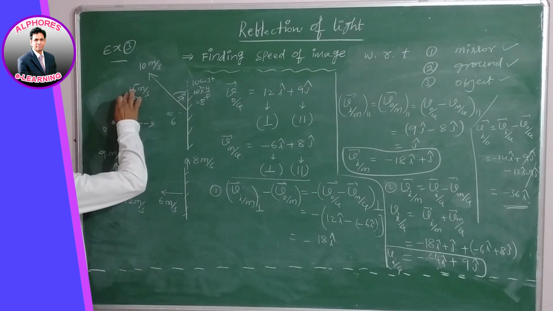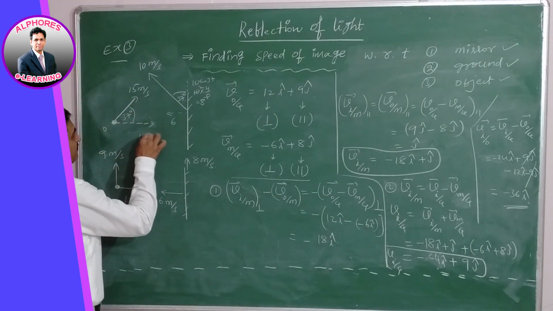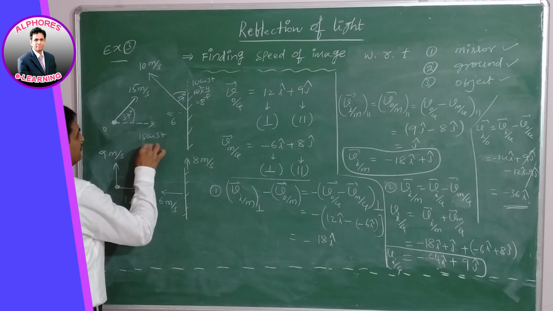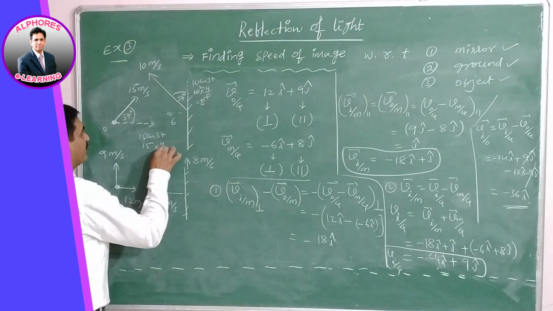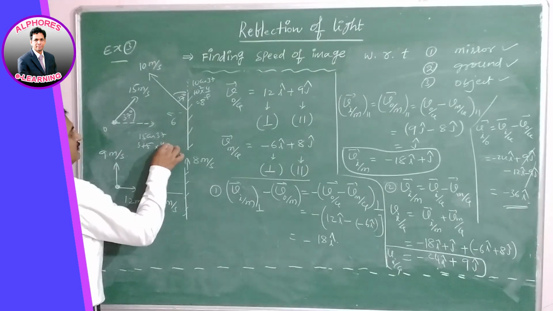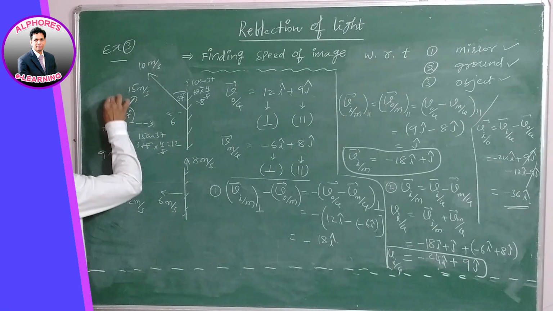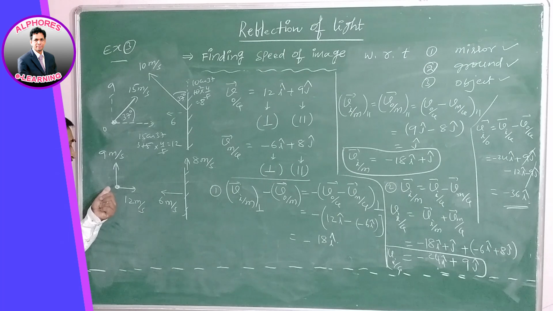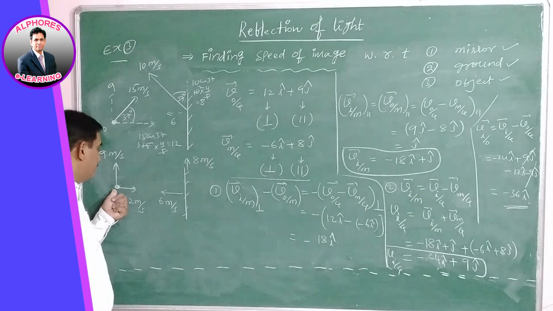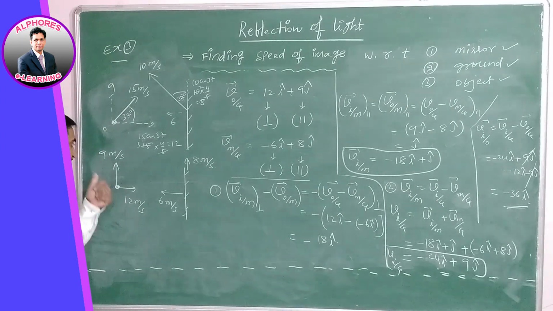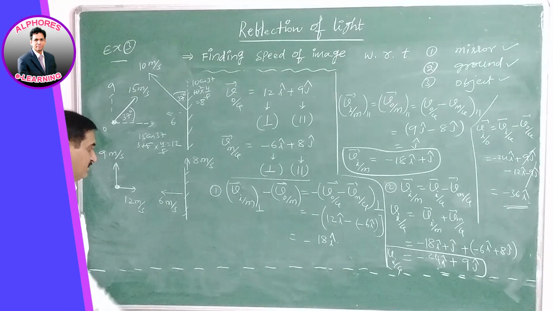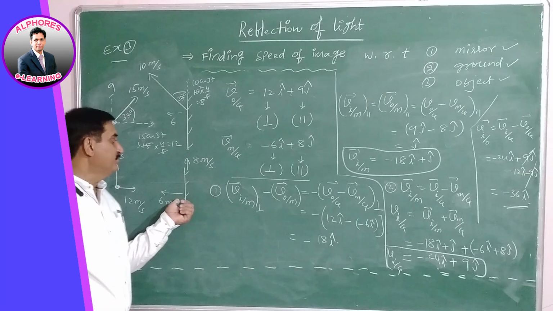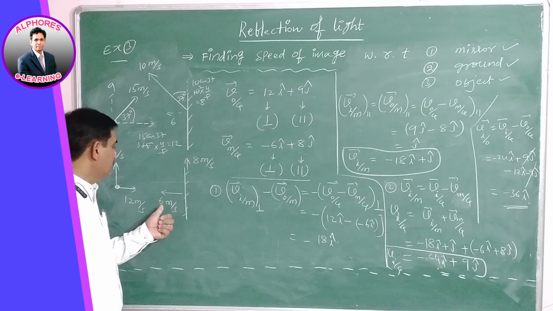Similarly 15 cos 37 gives 15 into 4 by 5, 12, and in this direction 9. Therefore the speed of the object has components 12 meters per second and 9 meters per second. Here also the speed of the mirror has components 8 and 6.